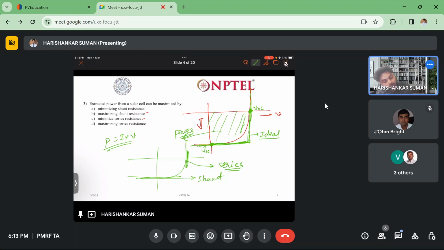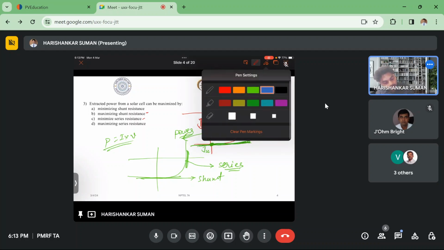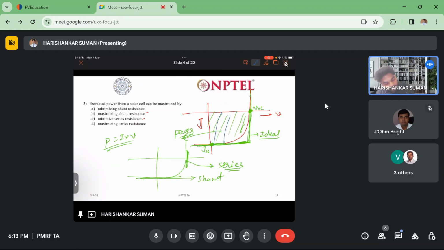So you can see if the shunt is maximum and the series is lower, it gives us maximum area. Then we can extract maximum power. Okay.